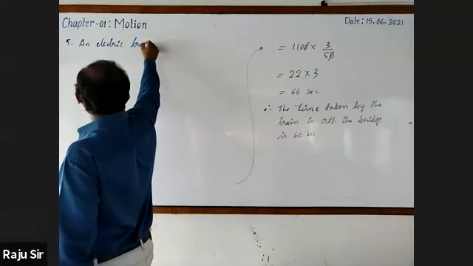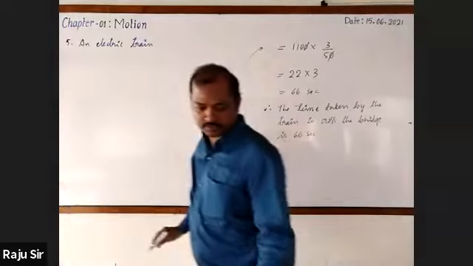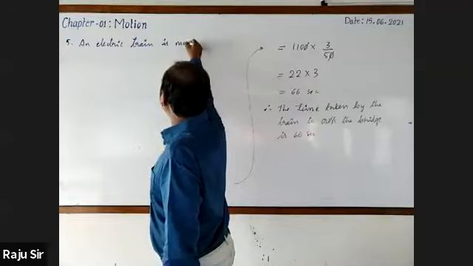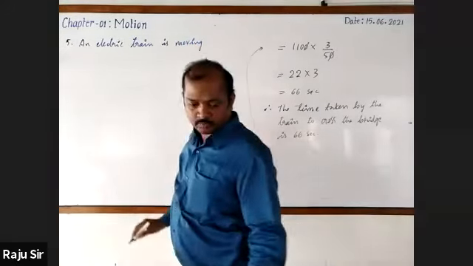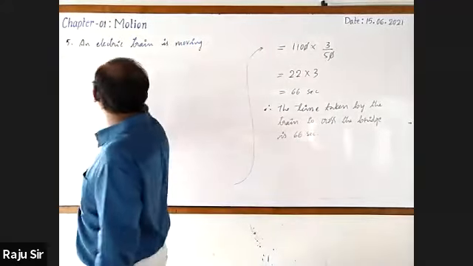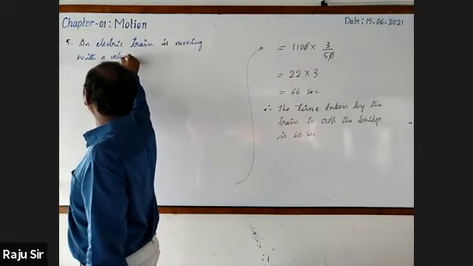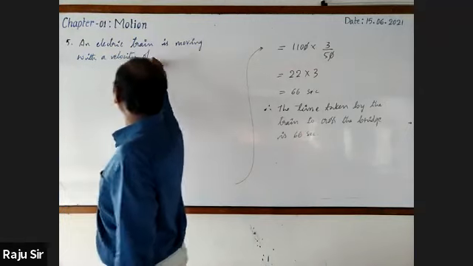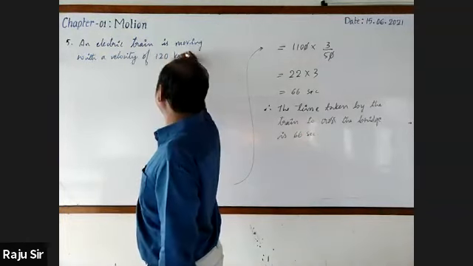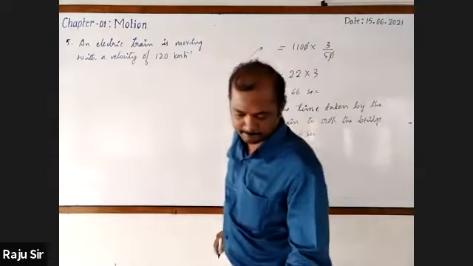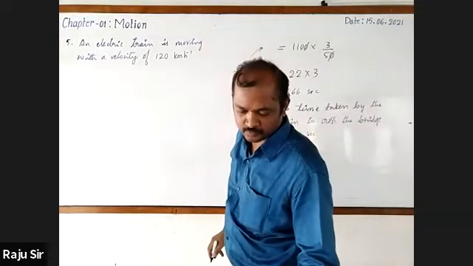An electric train is moving with a velocity of 120 kilometers per hour. Full stop.